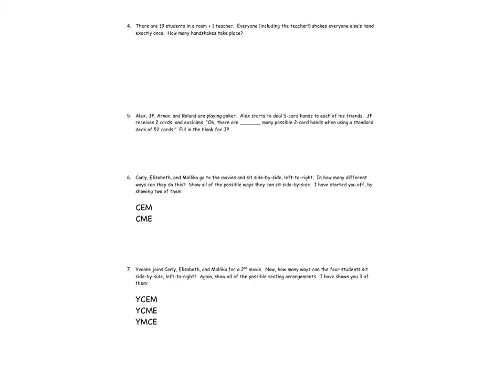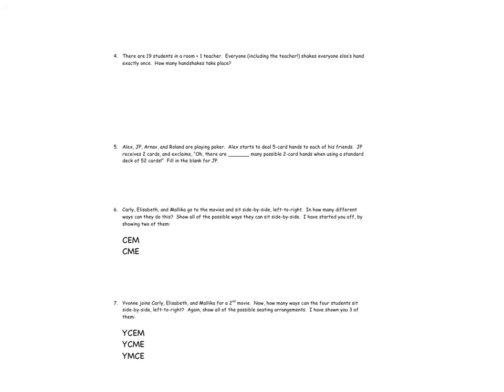Okay, now the next page. Now we're getting a little bit more complicated. There are 19 students and 1 teacher. Everyone, including the teacher, shakes everyone else's hand exactly once. How many handshakes take place? There are a few different ways to think about it.